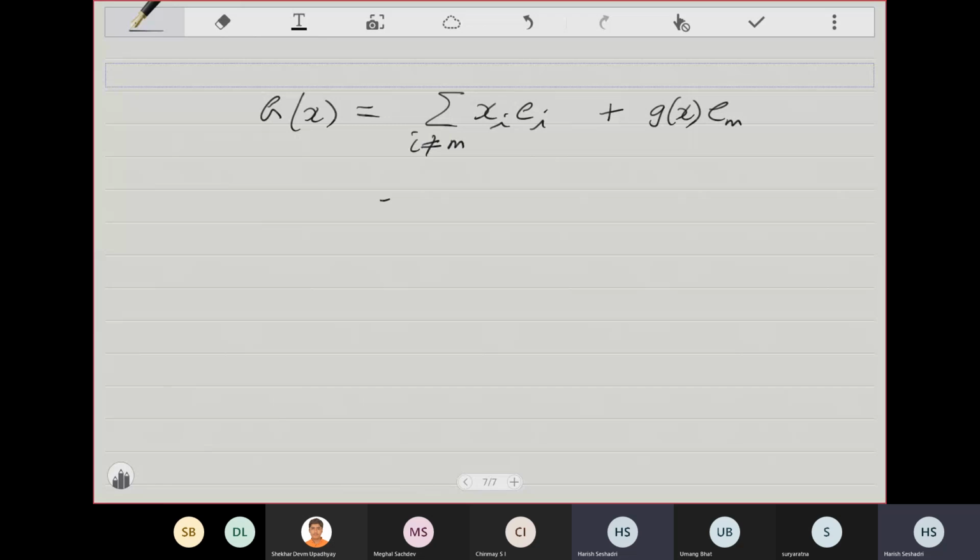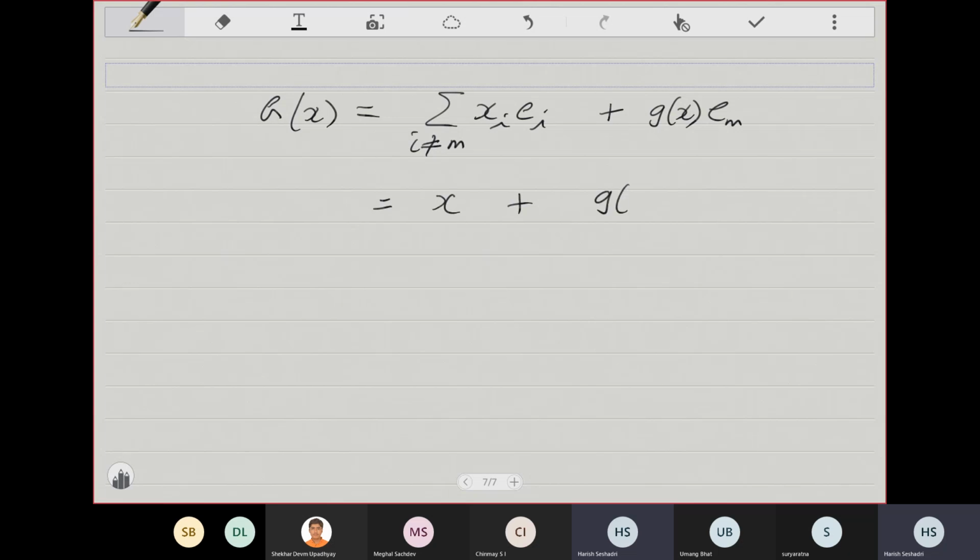Or I can also write it as g of x is x plus (g of x minus xm) times em. Here in the first sum I excluded i not equal to m, but when I write it as all of x, the mth component will also be there, so I should subtract that.